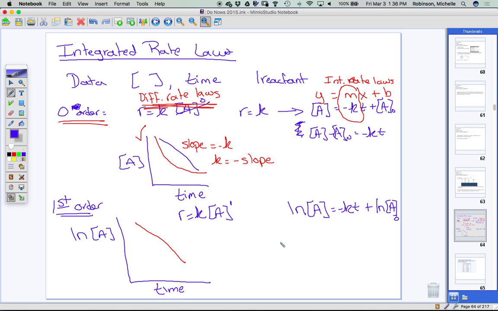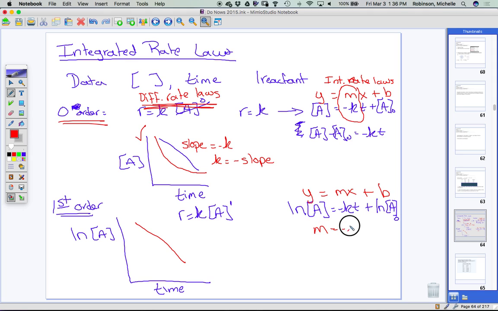All right, and then what would the rate constant be for first order? How am I going to find the rate constant? It's still the slope, right?